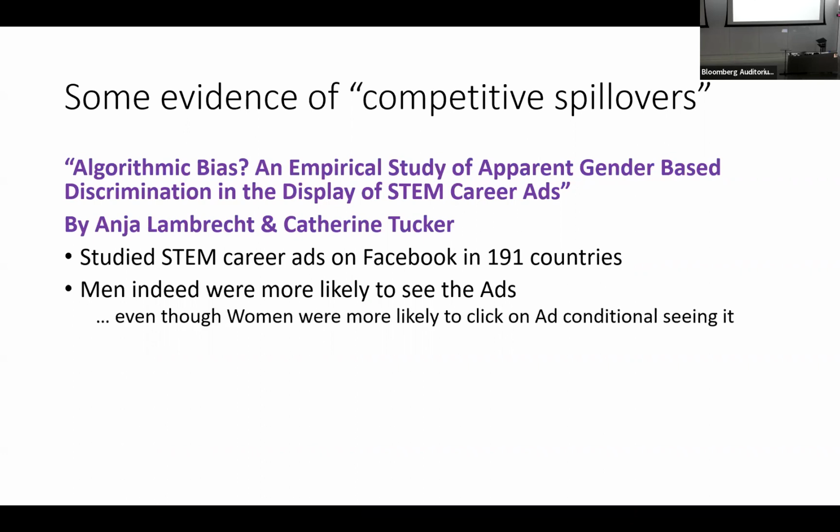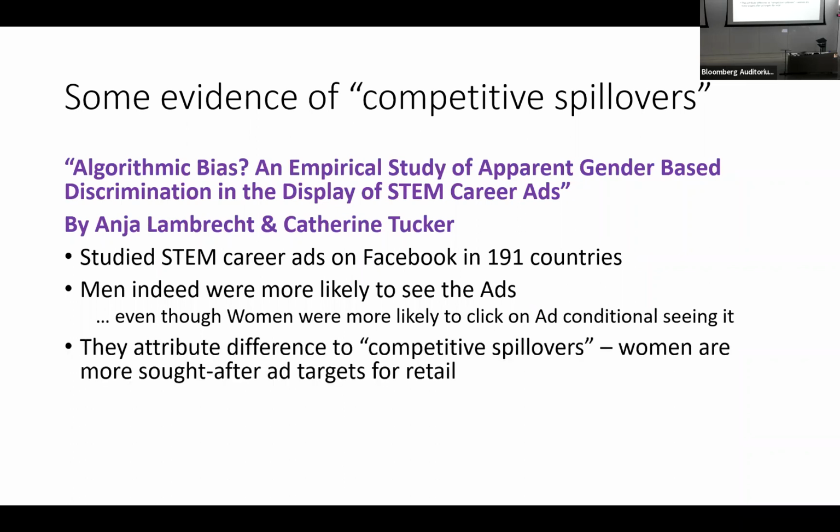And this was even though, I think I quoted this from the paper, women were more likely to click on the ad conditional on seeing it, right? So even though click-through rates for the people who saw the ad were higher for women, Facebook was still showing it to men more.